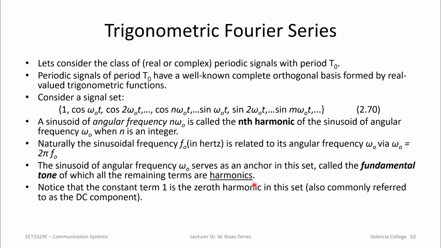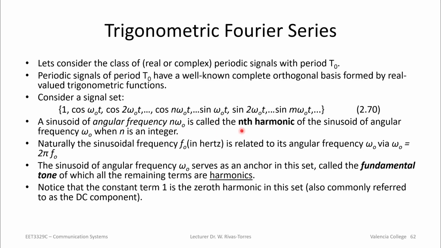The nth value, or n omega 0, we call that the nth harmonic. So now we're beginning to talk about harmonics. If you have a frequency of 100, the second harmonic is 200, the third is 300, and so on and so forth, right?